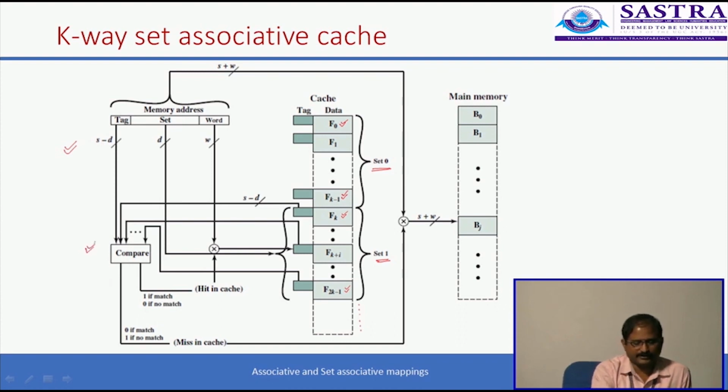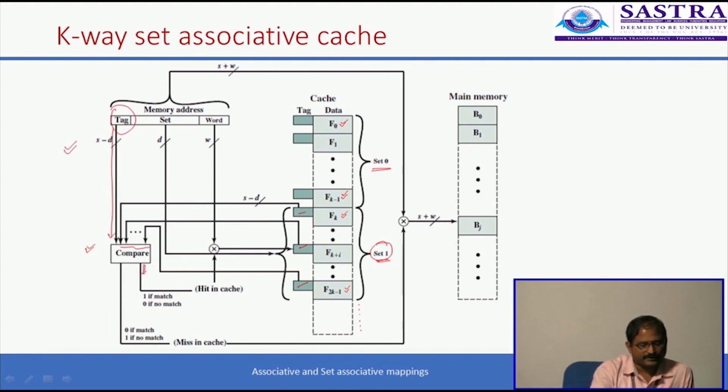In this organization, set 1 is chosen, and the tag bits of all lines are compared in parallel. See, these are the tag bits, right? So, these are compared with the tag bits of the main memory address.